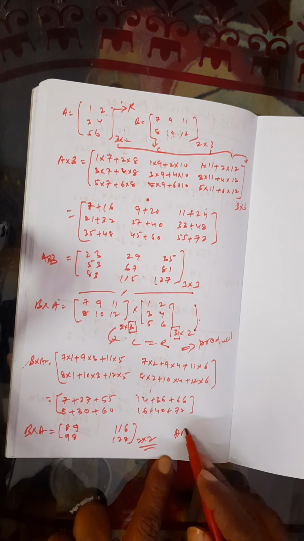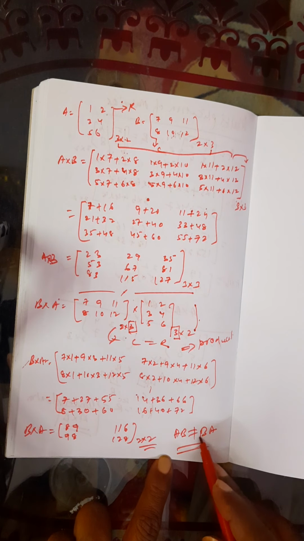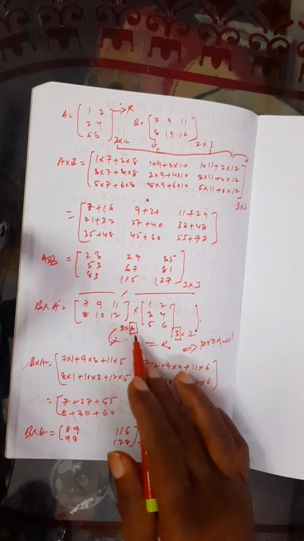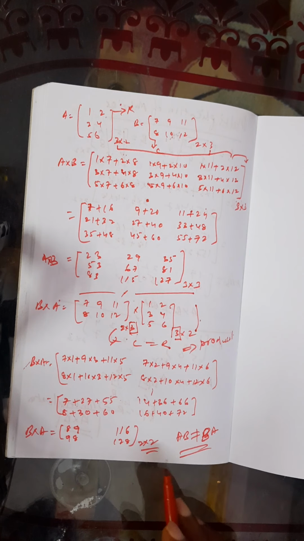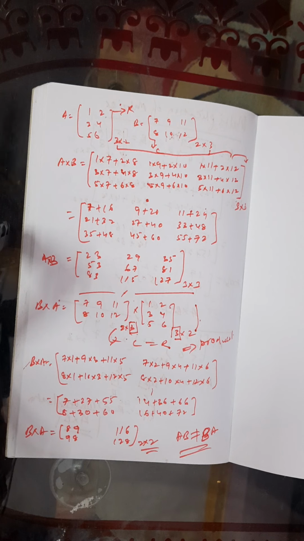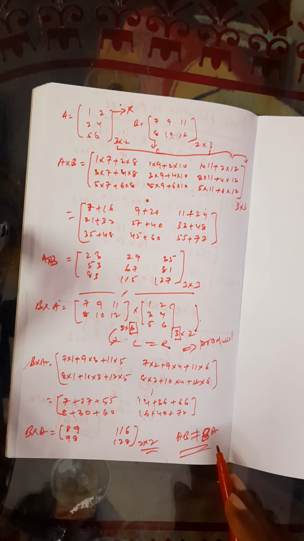AB is not equal to BA. We will get different matrices. Multiplication is possible sometimes, sometimes it may not be possible. Here we have the same rows and columns, that's why we are getting it. Sometimes these will differ, so we will not get the multiplication at all. So AB is not equal to BA.